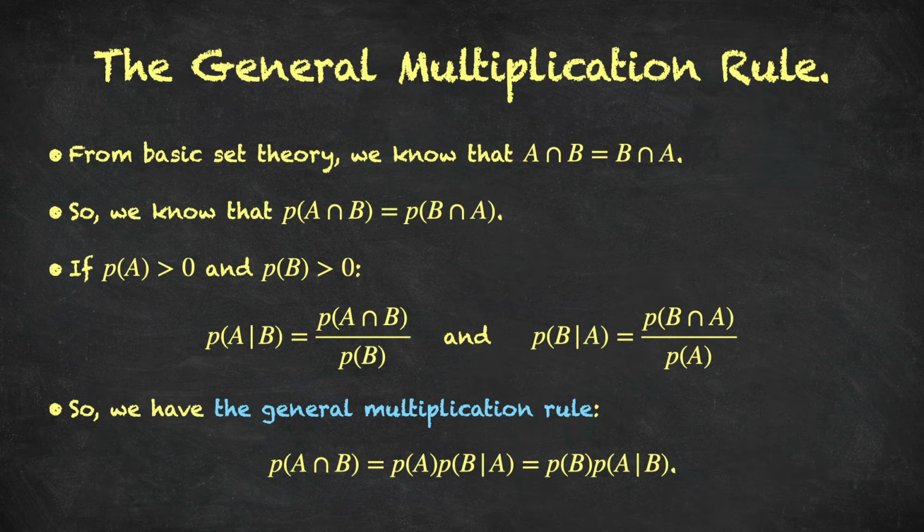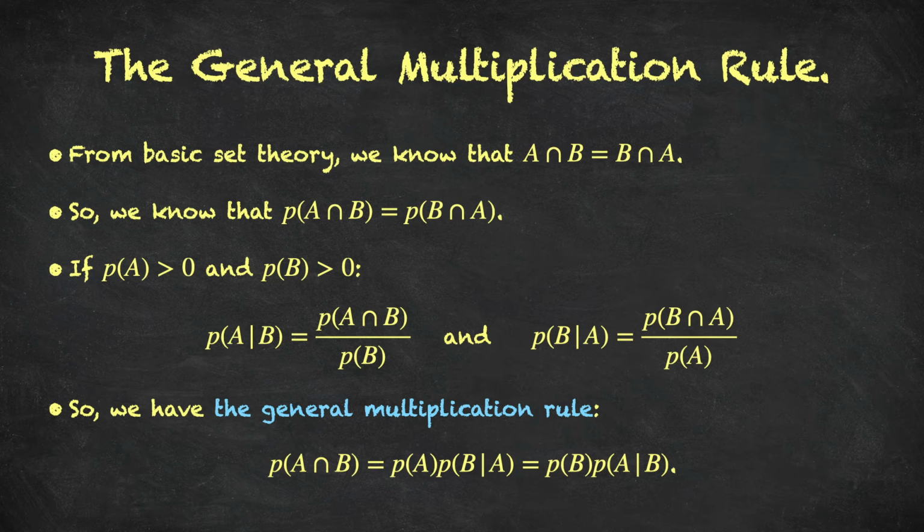Now, a very basic result in set theory is that if we take the intersection of two sets, it doesn't matter in which order we do this. If I take the intersection of A and B, or if I intersect B with A, I get the same result. Formally, we describe intersection as being a commutative property, very similar to addition.